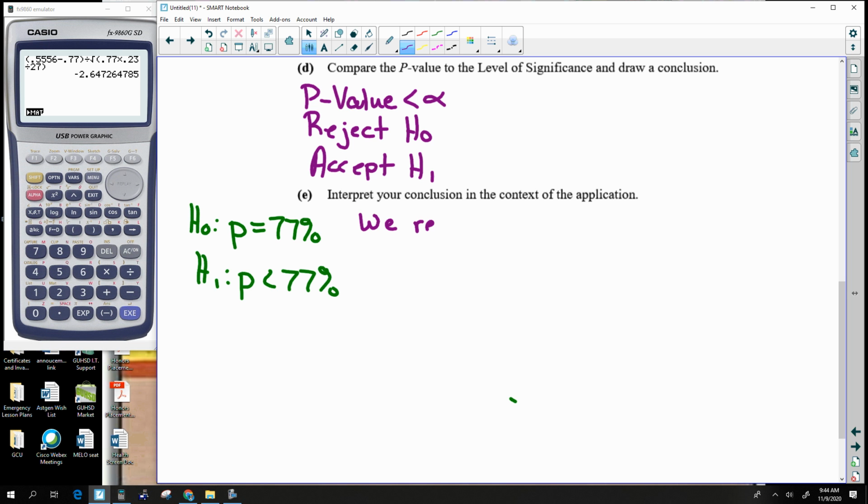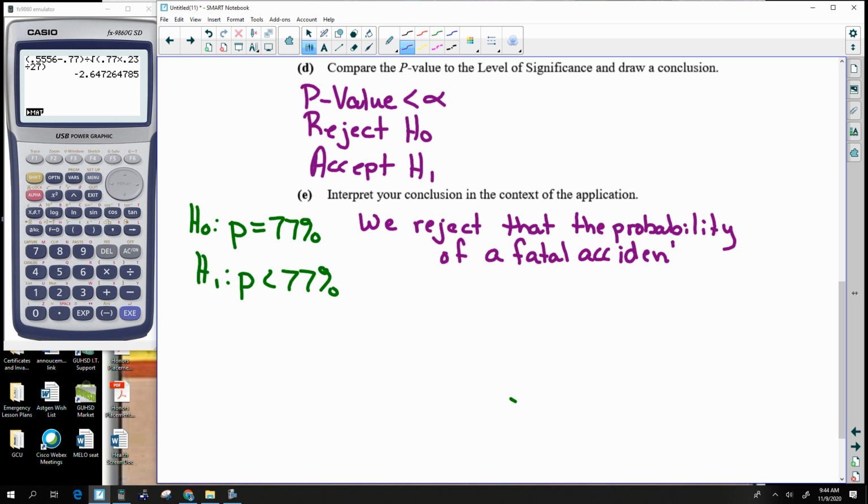We reject that the probability of a fatal accident being due to intoxication is equal to 77%.